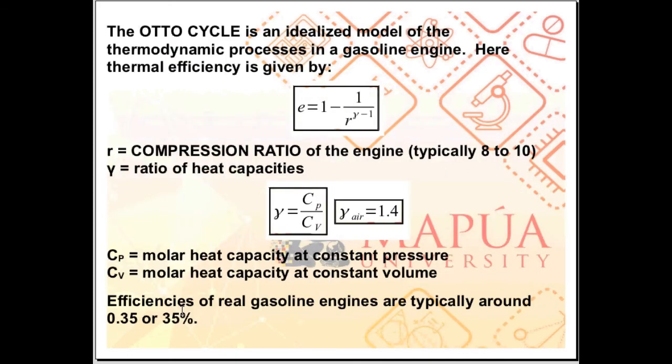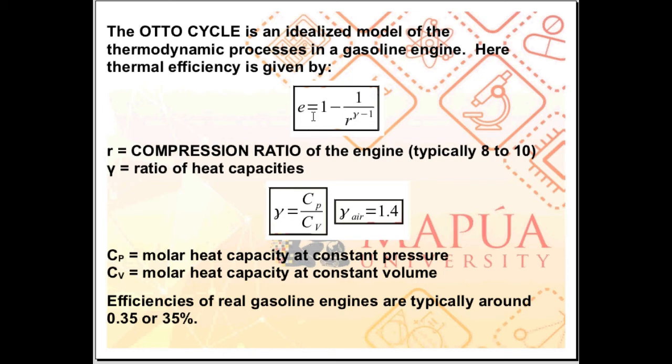The Otto cycle is an idealized model of the thermodynamic processes that happen in a gasoline engine. For an idealized model of the gasoline engine, the thermal efficiency is given by the following equation.